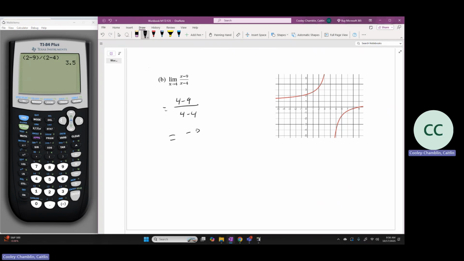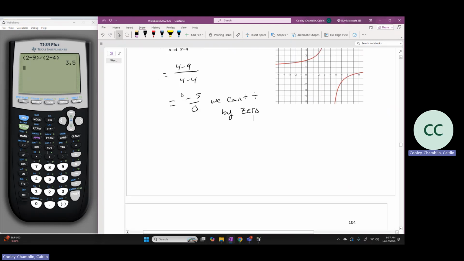However, this gives me negative 5 over 0. Problem, we can't divide by 0. Different approach. I just really like tables, and then I'll show you graphically what's going on.